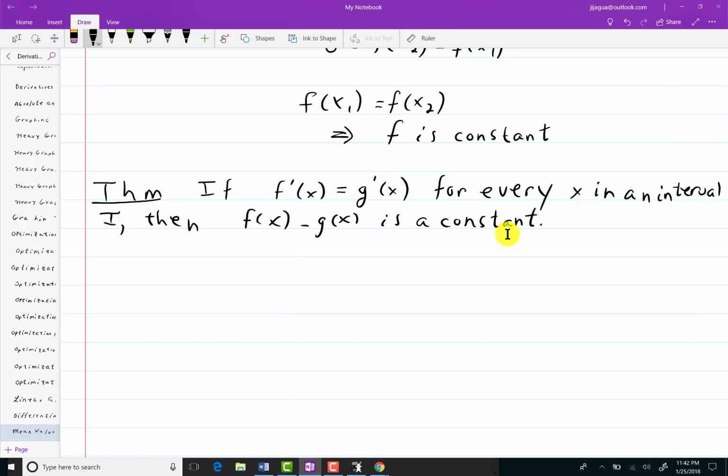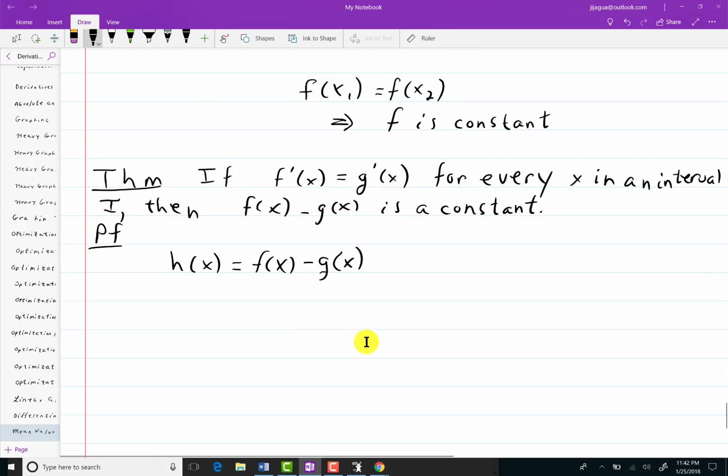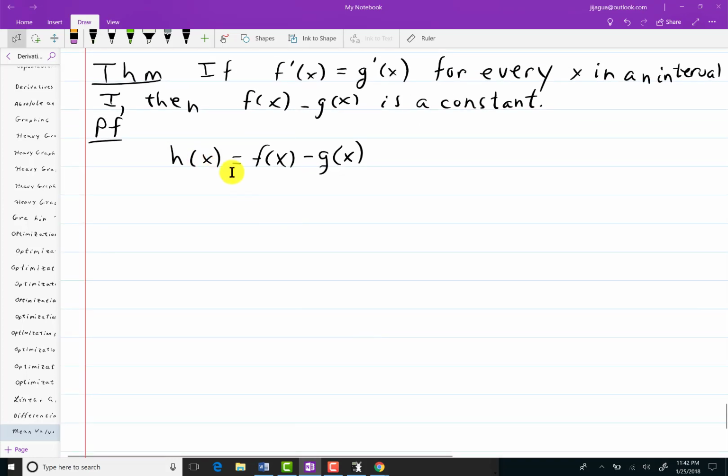Well, there's not much to do here except, when I say that f prime equals g prime for every x in there, that obviously means they're differentiable on the entire interval. So you could define a function, say h of x, to equal f of x minus g of x, if you want. Then, since it's the difference of two differentiable functions, h of x is differentiable, so it follows all of the things about the mean value theorem that we had before.